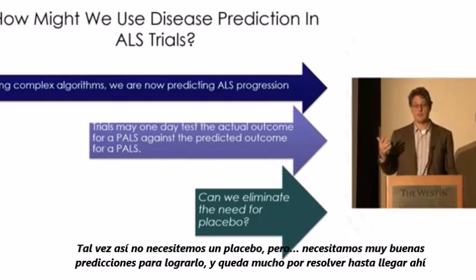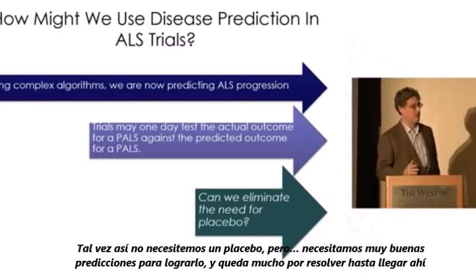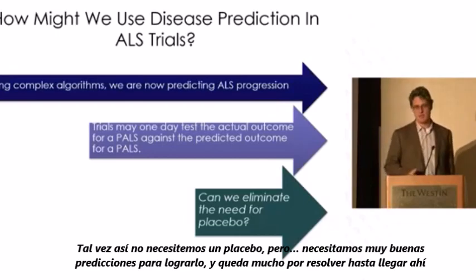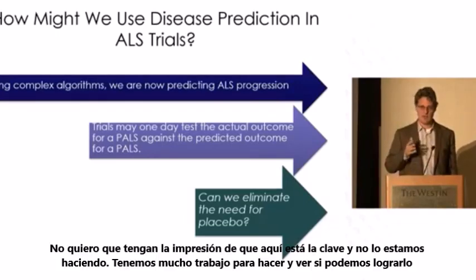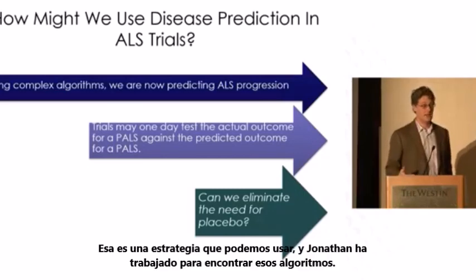Maybe we don't need a placebo. But we need very good predictions if we're going to do that, and there's a lot of work to be done to get there. So I don't want to give people the impression that this is here and we're just not doing it. We have a lot of work to do to see if we can get to that point. That's one strategy that we can use.